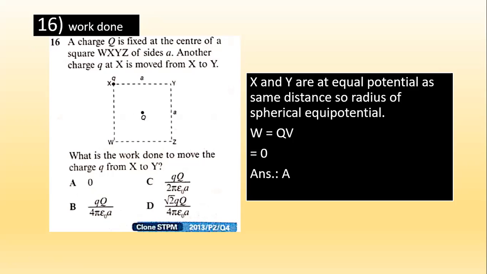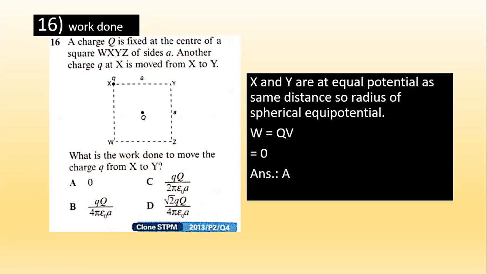Okay, next question. Teacher, what does equipotential mean actually? We haven't done that yet, that's why I say you are too fast. Equal potential means they are at the same potential, so no work is done. If it's gravity, they are at the same height above the surface of the earth, so no work is done if you move at constant speed.